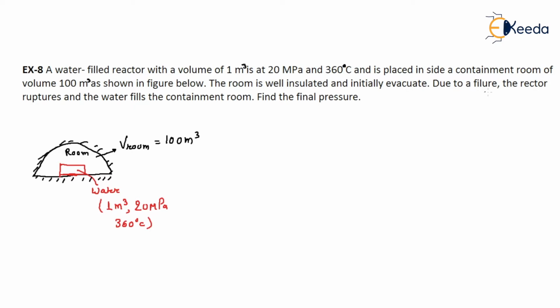Due to failure, the reactor ruptures and the water fills the containment room. There is a rupture, and the water which is inside the reactor will fill the entire room. So first of all, what is the system here? We take a system.